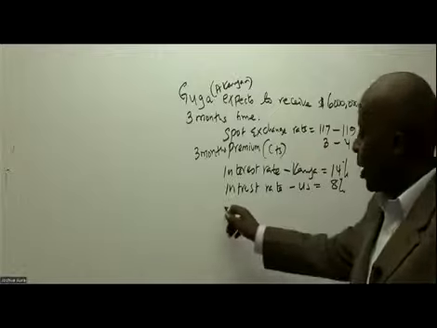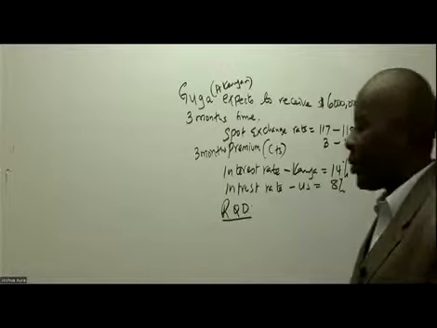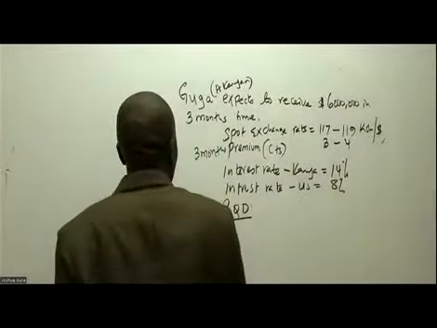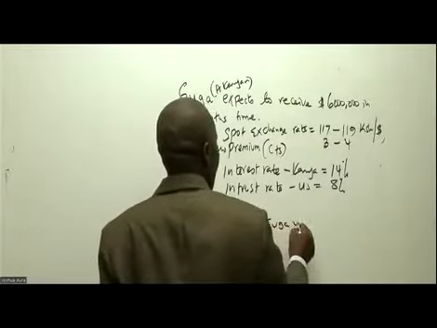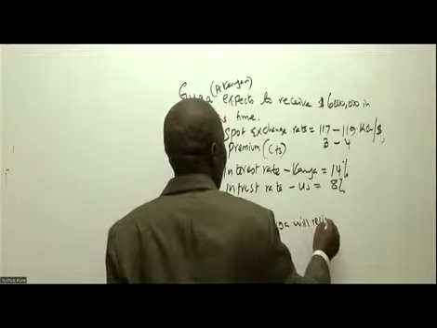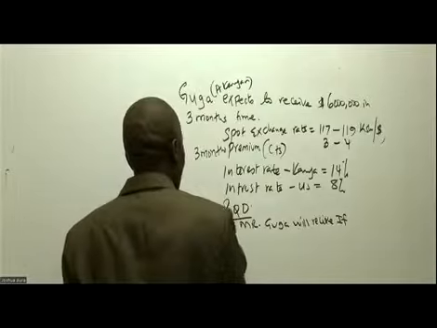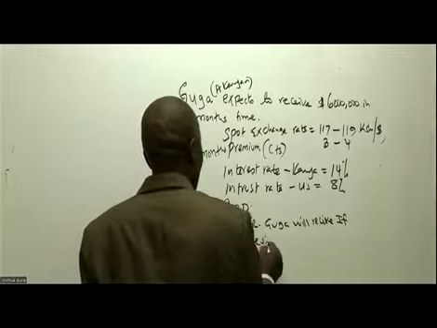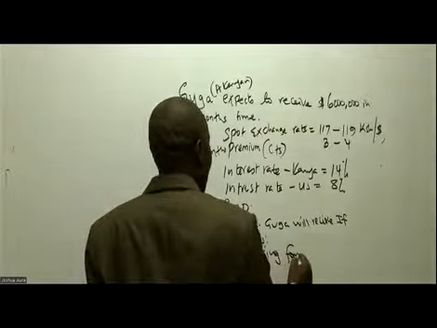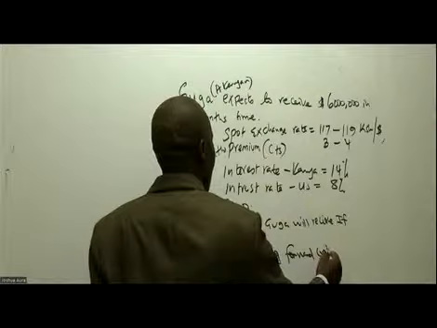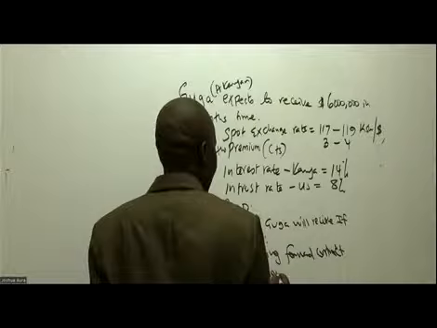And then you'll be required to do something very simple: determine the amount Mr. Guga will receive if he hedges, number one, using a forward contract, then number two, money markets.